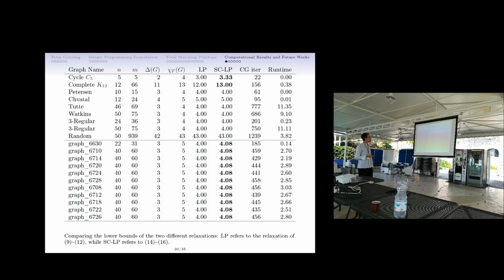We can see from this table that the LP set covering model is much stronger than the LP model, since the gap between the optimal value and the LP relaxation of the set covering model is much closer than for the LP model. And so we have that the optimal value here for cubic graphs is greater than 4, and the optimal value is 5.